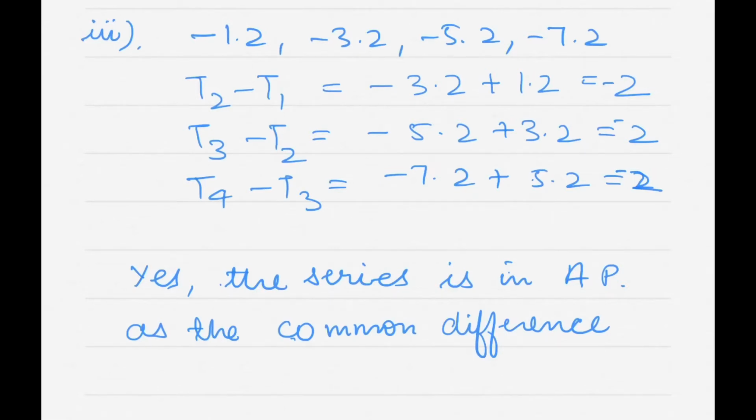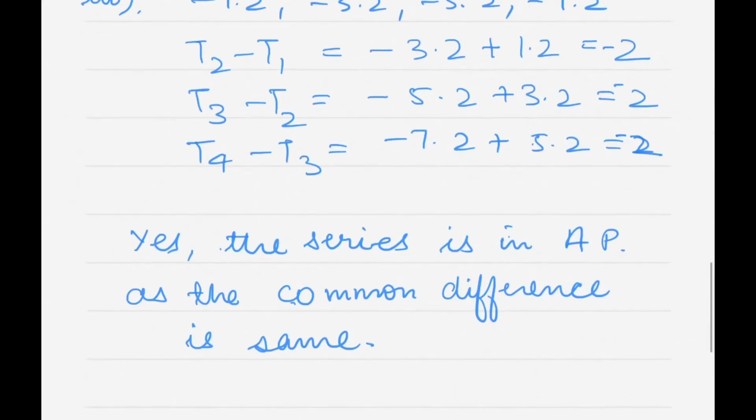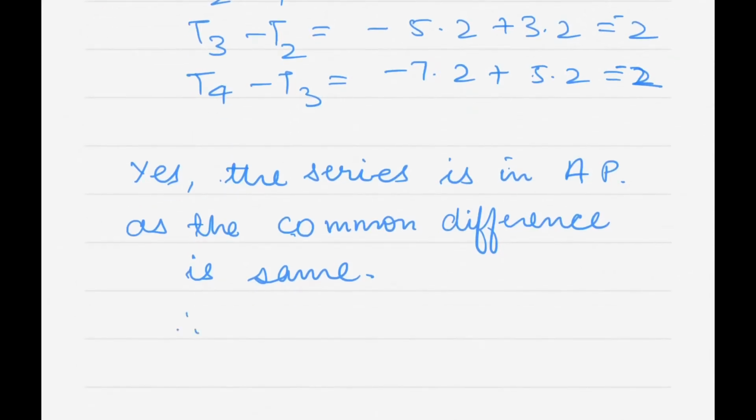Common difference is same, we can write it down for each term. So the difference is same every time, and therefore my D is equal to minus 2. That I have already figured out from the previous thing.